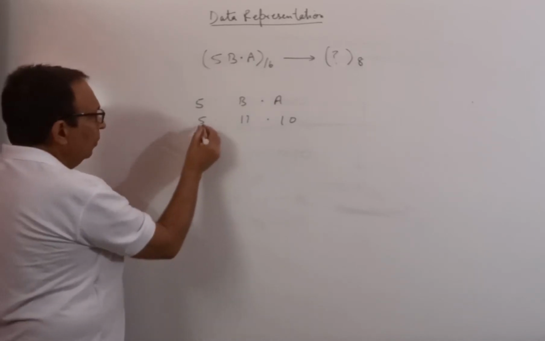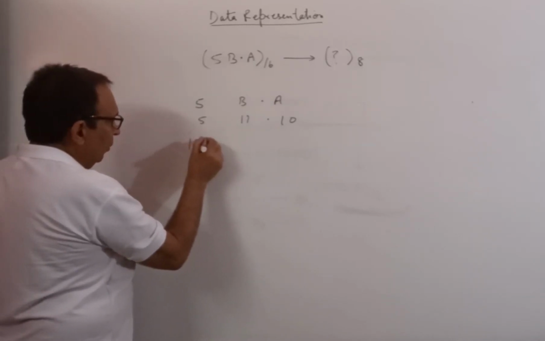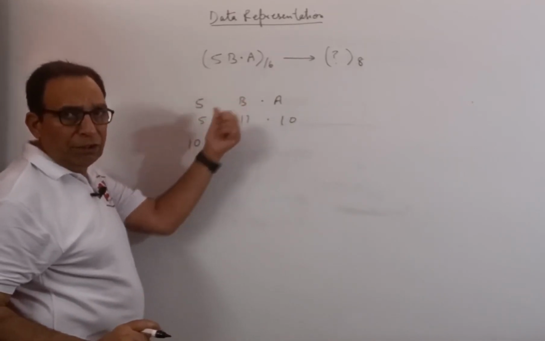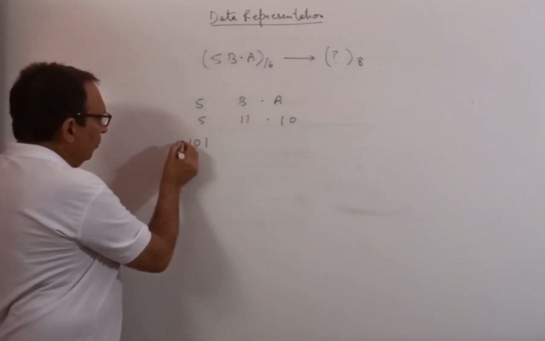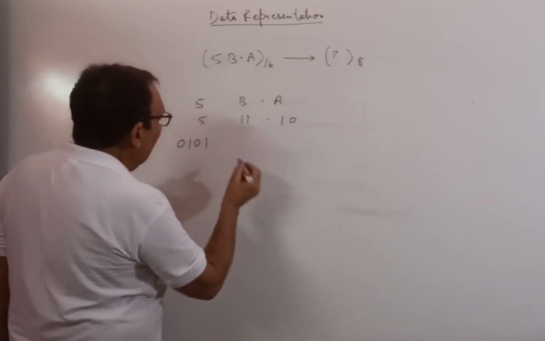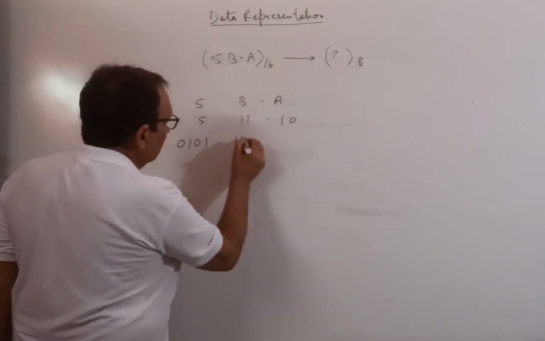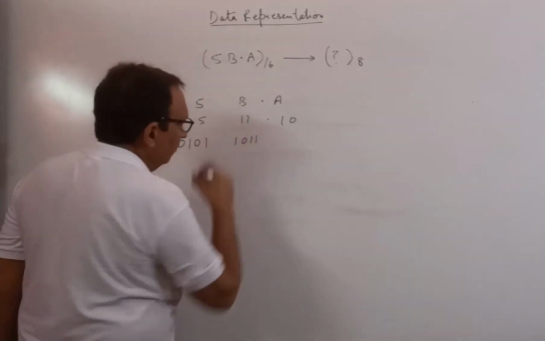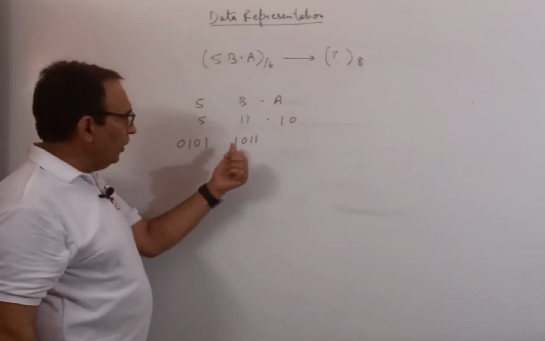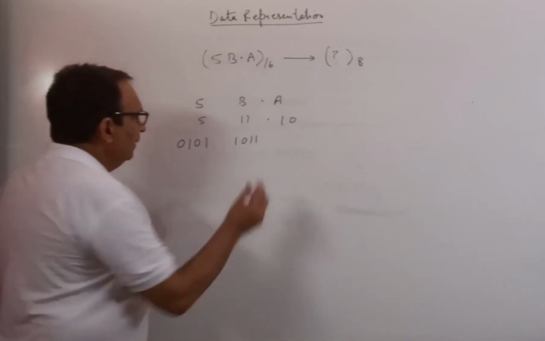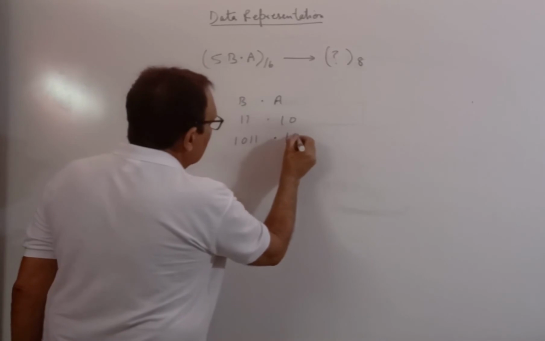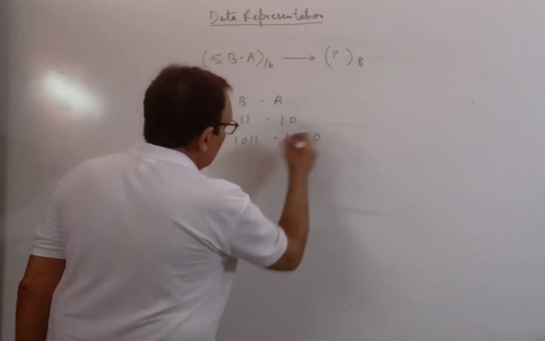So you know 5 is equal to 101. Since hexadecimal has a representation of 4 bits binary, you have to put 0 towards your left-hand side. 11 has the representation 1011. This you have seen in the previous explanation. I am writing directly: 10 has the representation 1010.